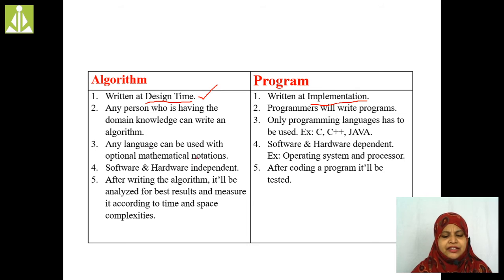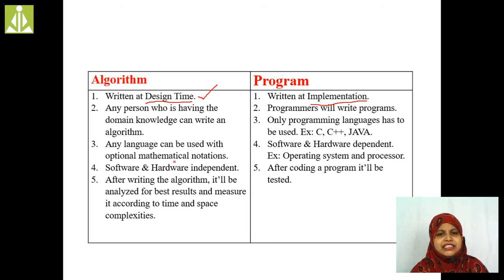Now third, any language can be used with the optional mathematical notation. While we write any algorithm, we can use any mathematical notation. Plus, minus, star, divide, percent, all these are mathematical notations.